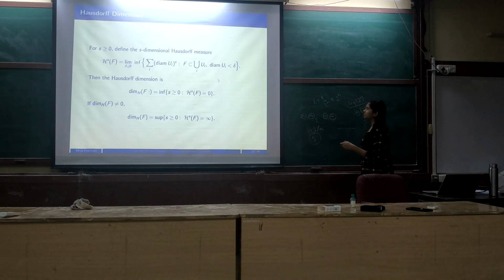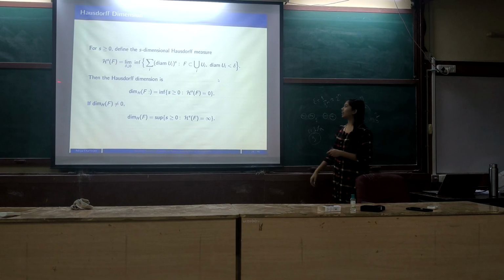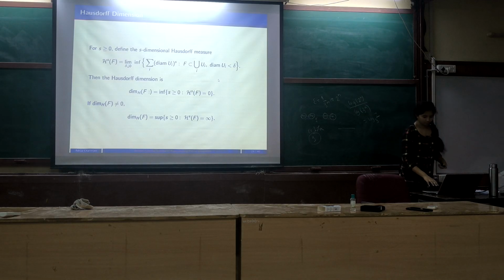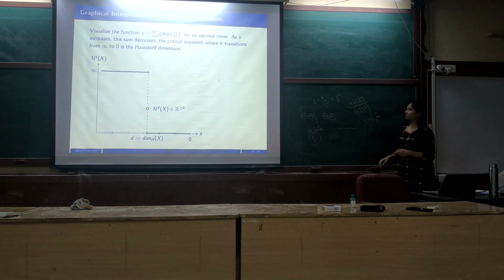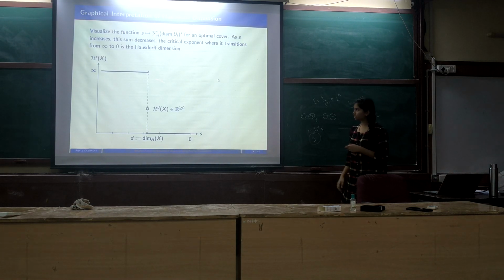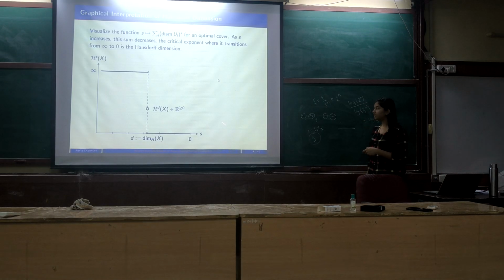So this is just the formula, and basically the Hausdorff dimension is the value for which the Hausdorff measure jumps from infinity to 0. So yes, basically this is what the Hausdorff measure looks like for a particular set. If the Hausdorff dimension of a set is 0, then it's basically constant 0 throughout the real line.